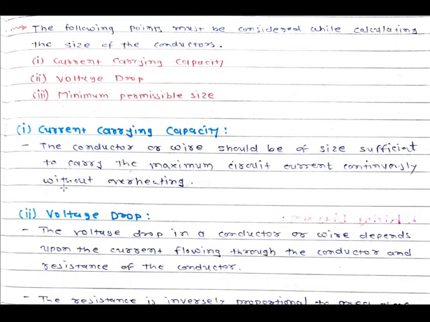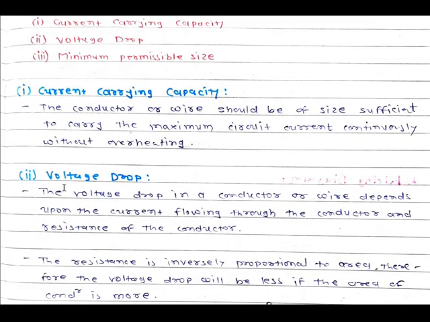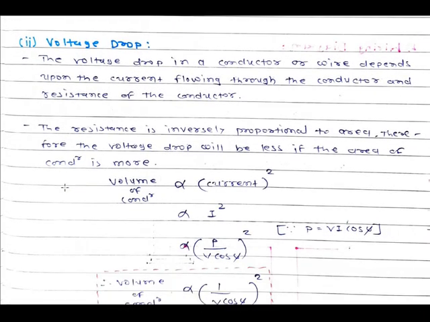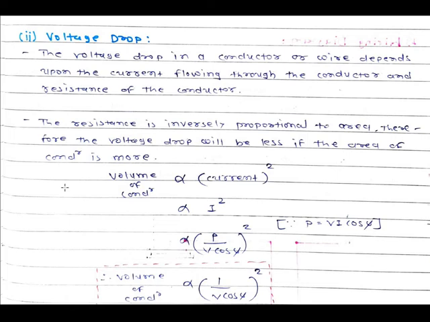Now second one is voltage drop. The voltage drop in a conductor or a wire depends upon the current flowing through the conductor and the resistance of the conductor. We know that the voltage drop is given by IZ, where I is the current flowing through it and Z is the impedance of the particular conductor.